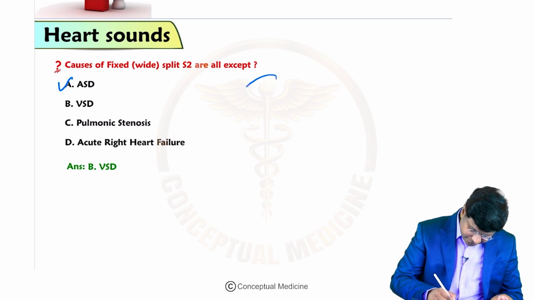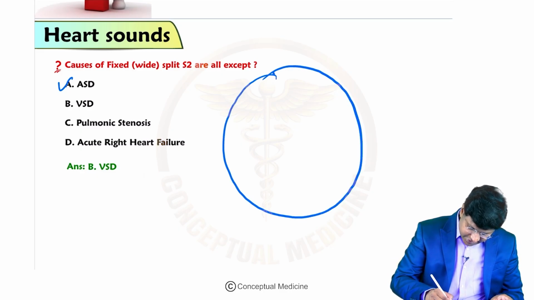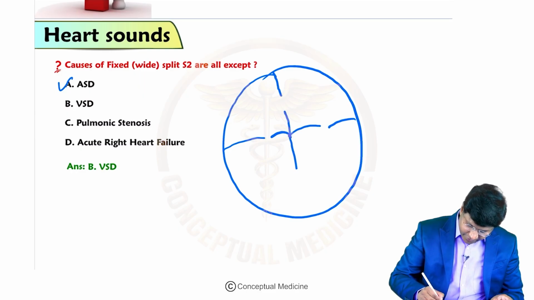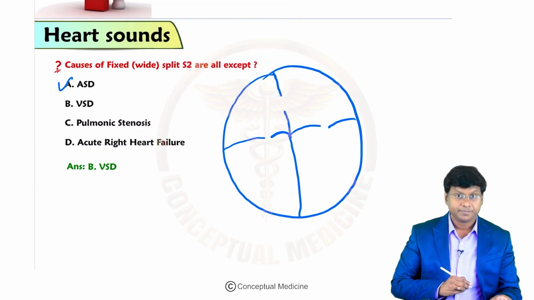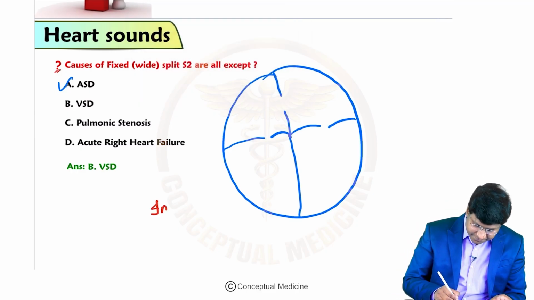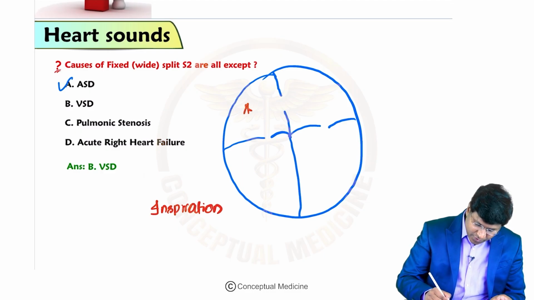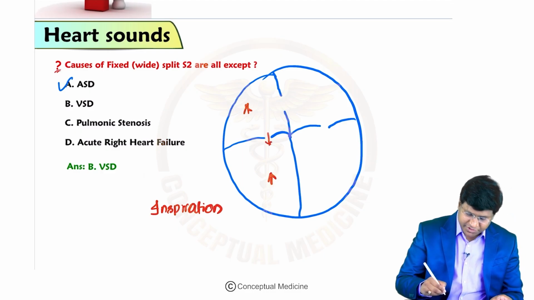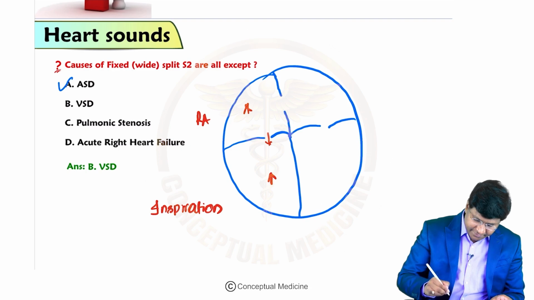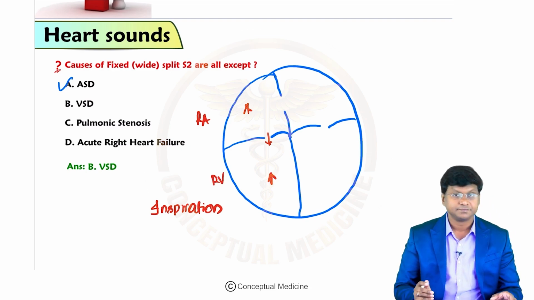So consider this is a 4-chambered heart, mitral valve, then interventricular septum. During inspiration, there is increased quantity of blood which moves across the right atrium and the right ventricle.